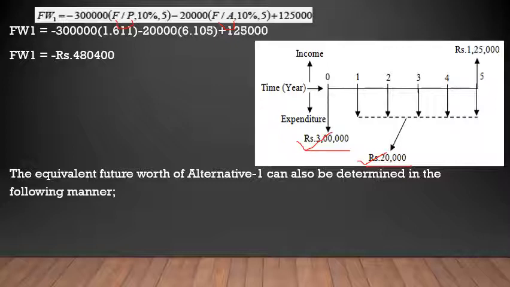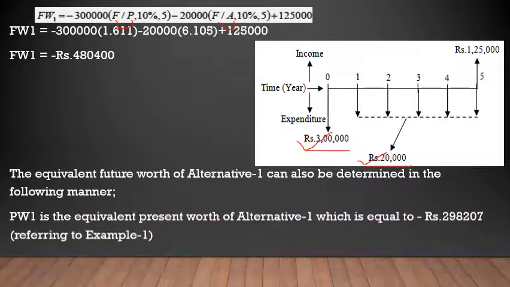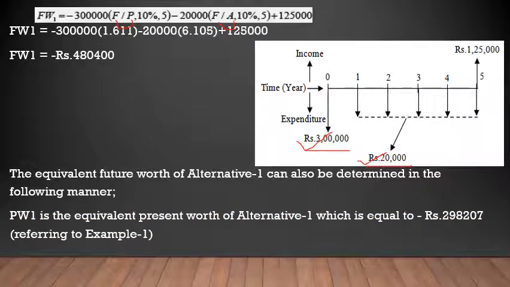For example, we calculated the present worth of the entire cash flow in our first example, and it came out to be minus 298,207 from example 1. Okay, now what do I do?